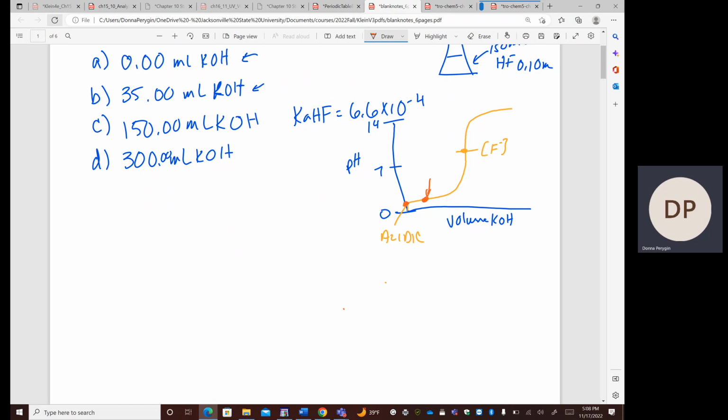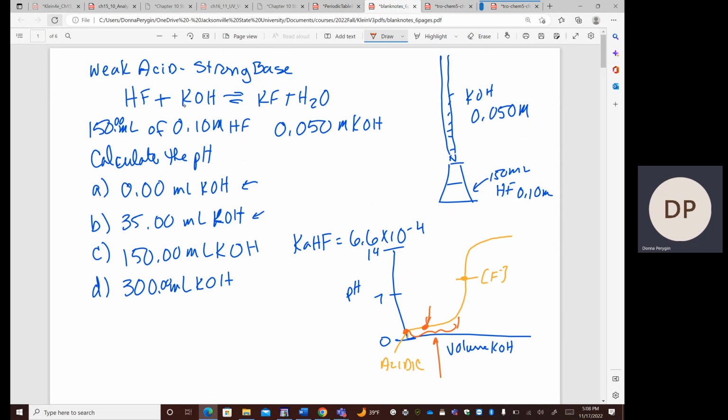Now, what is governing the pH calculation right here? This region where we're going from a small amount of base to the equivalence point, we have some acid and its conjugate base.